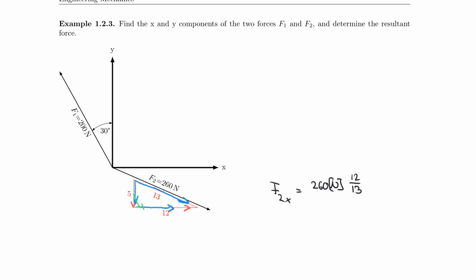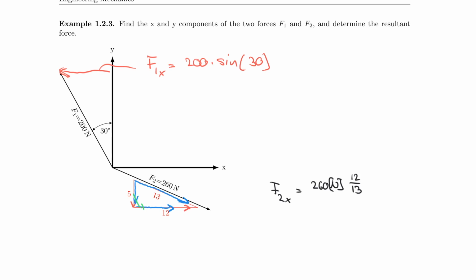Then another thing that I need to point out here that is very important as you move on through the lecture is that this 30 degrees is often used for students to find the y component. So the way they calculate this is by saying that f1x is actually equal to 200 times sine 30, which is absolutely correct, but it's a bad habit to form, right?